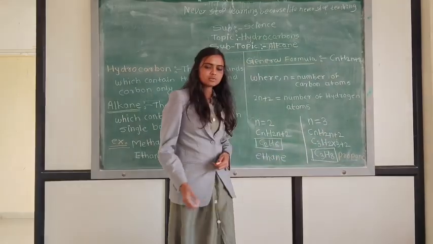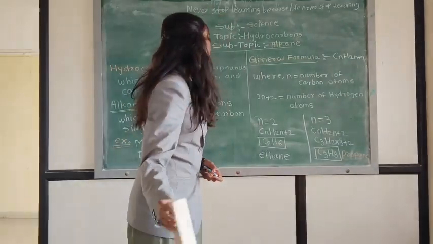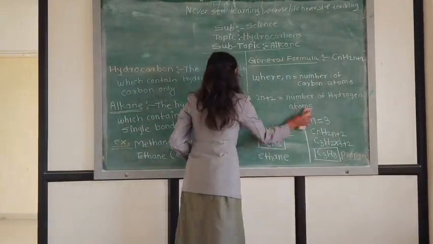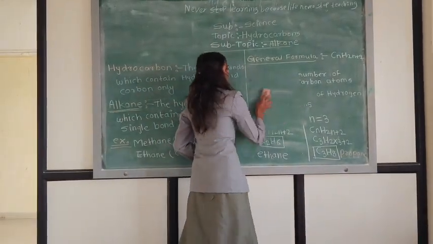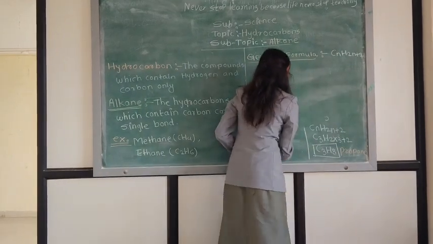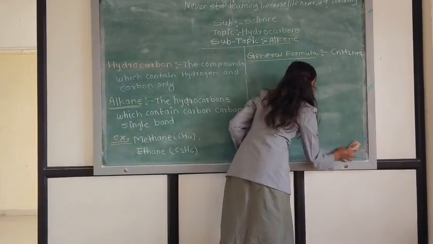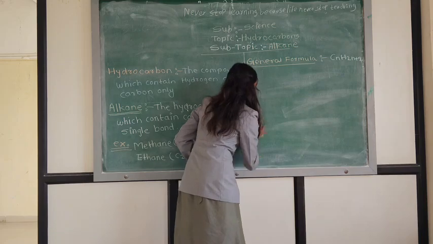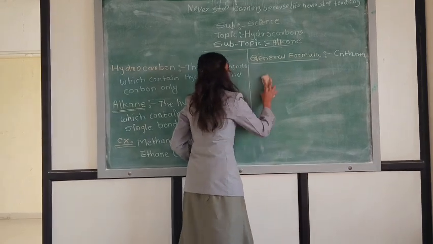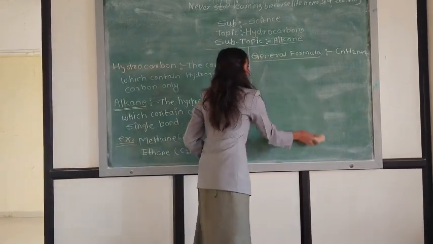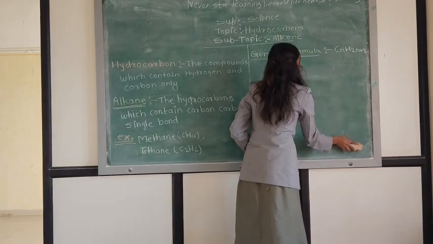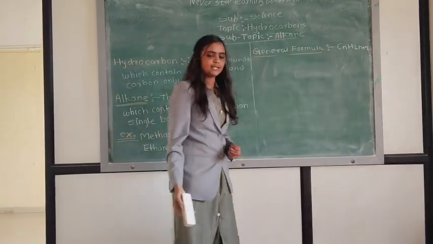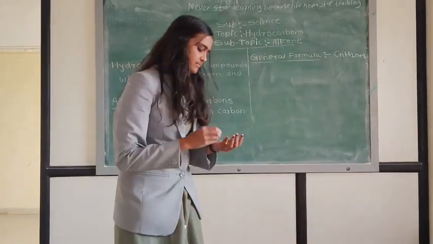Okay. So now next topic is nomenclature of alkane. Now we will see how to give names to alkanes. There is a method of nomenclature that is known as the IUPAC nomenclature system.